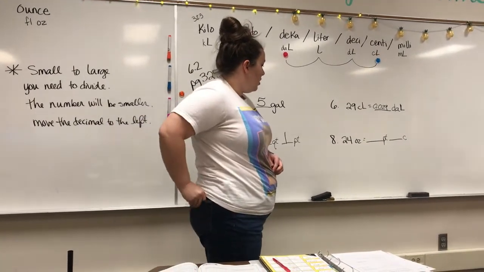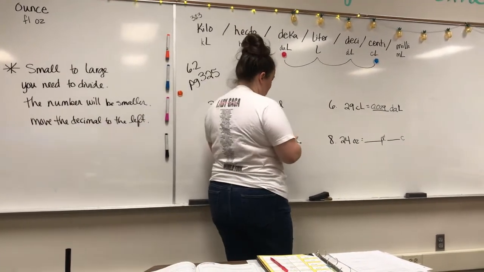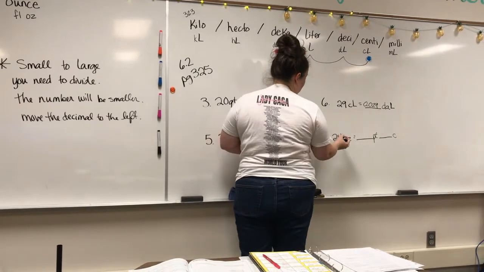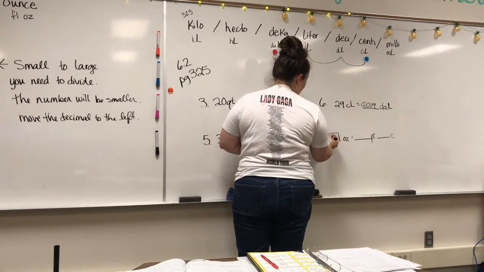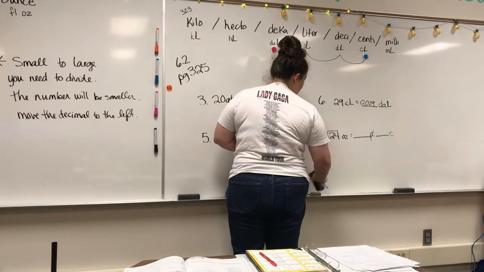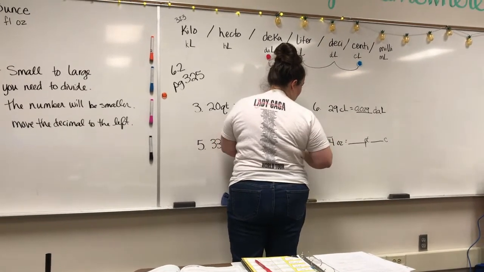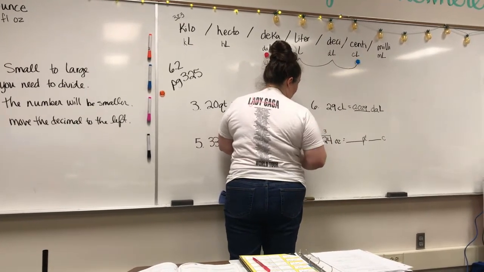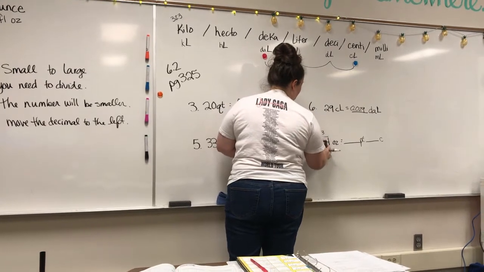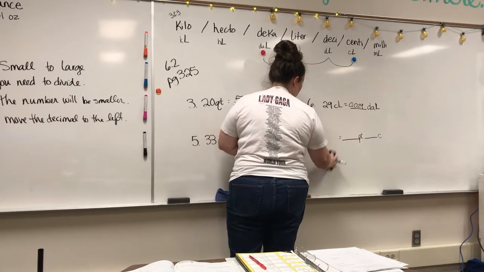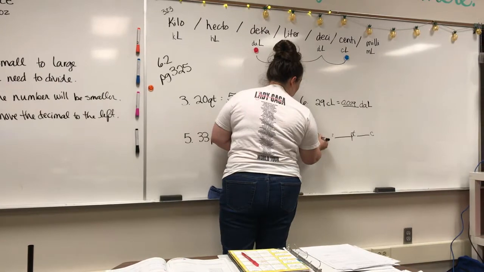Okay, 8 ounces in a cup. So first I'm just going to divide this by 8. Okay, so now I can say that that is 3. So that gives me 3 cups. Okay, and I'm taking away the ounces completely. And so now I have 3 cups.